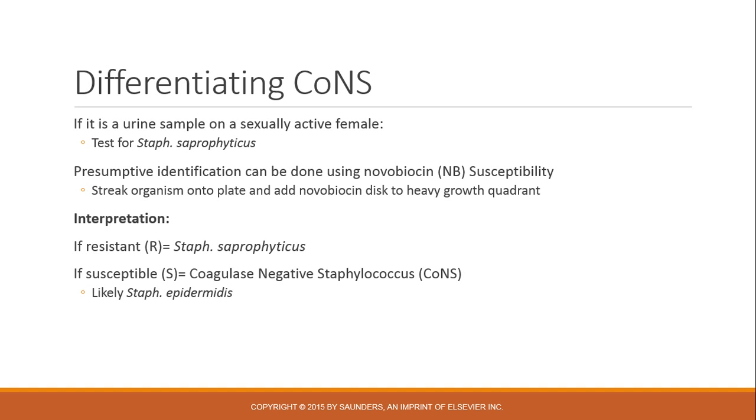If it's resistant, then you have presumptive Staph saprophyticus. If it's susceptible, then you've got some other kind of coag-negative staph, like Staph epi maybe. Okay, so link novobiocin disc with Staph saprophyticus, and it's resistant.